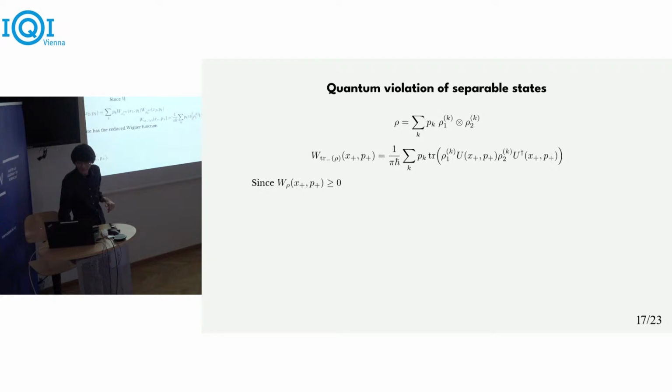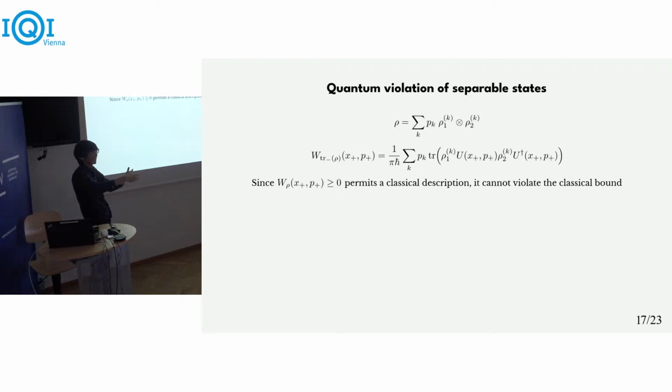So what you realize is that this is just a convex sum of the inner product of two density operators. And so this has to be non-negative. And because it's non-negative, I can always find some state in a classical harmonic oscillator that has this exact same probability distribution. So it cannot violate the classical bound.